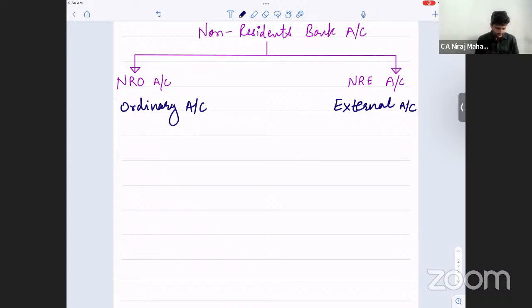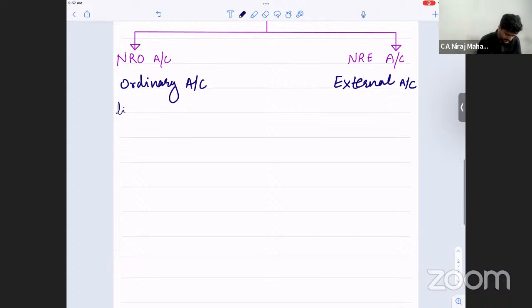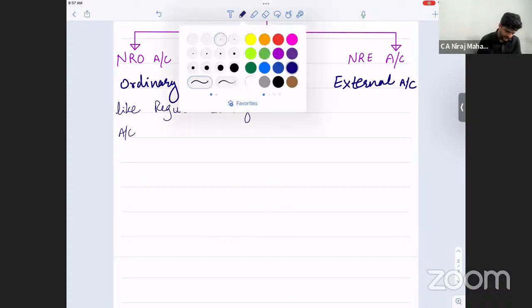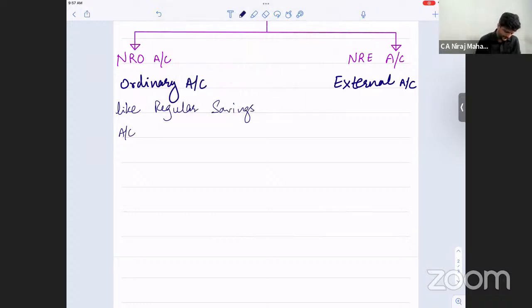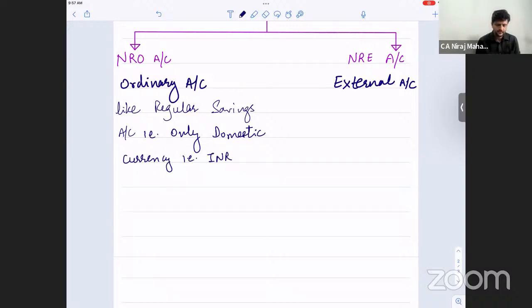Okay, everybody. So it is like a regular savings account. That is only domestic currency. That is for us, INR.